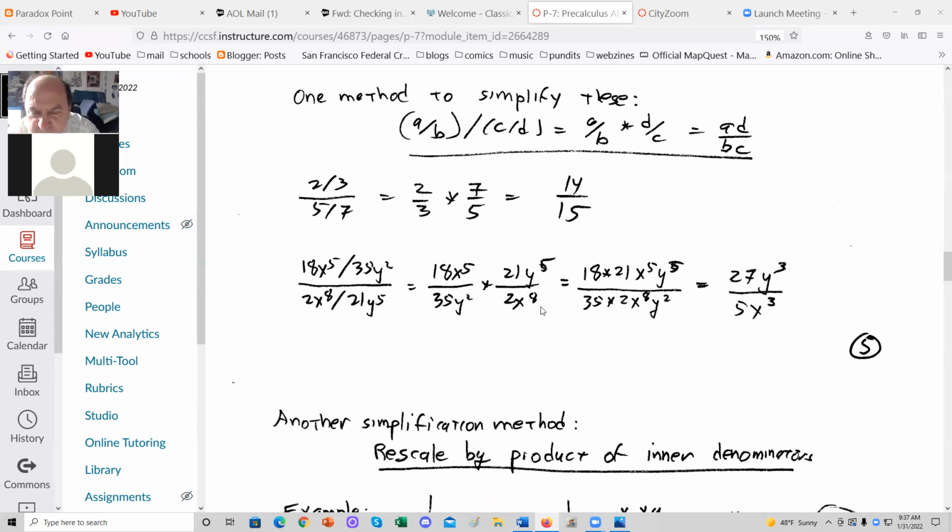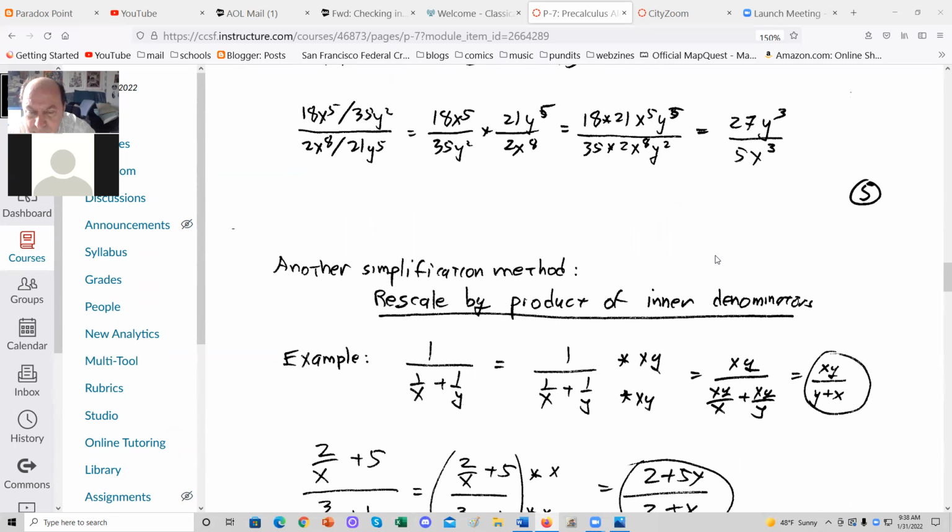Now, if you multiply across, in the numerator you get 8 times 21, x to the 5th, y to the 5th. And in the denominator you get 35 times 2, x to the 8th times y to the 2nd. And then, after various simplifying steps, which I skip here, we get 12y to the 3rd over 5x to the 3rd.